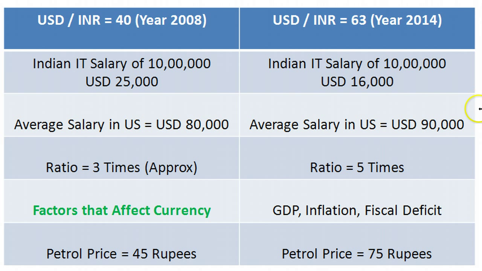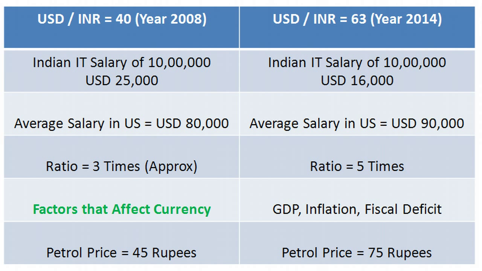So it is beneficial for companies like TCS, Infosys, IBM and Accenture, who are employing people in India, because they have to pay a lot less. The average salary in the US in 2008 would have been 80k US dollars. Today it may be somewhere around 90k US dollars, assuming a hike of 2% every year.